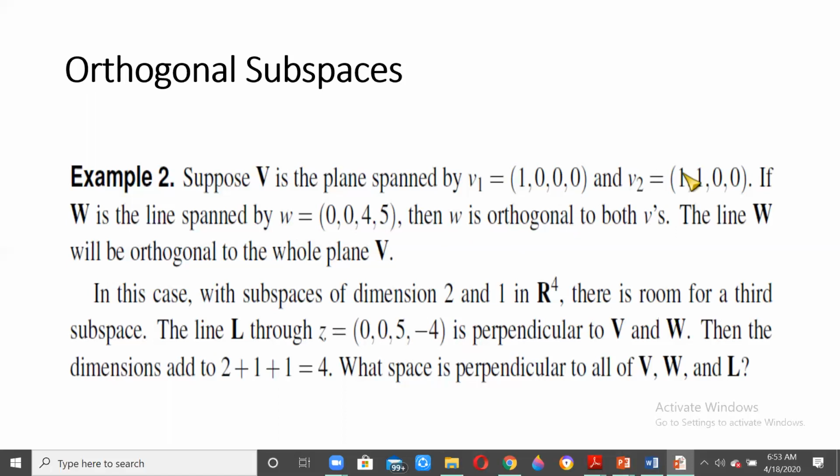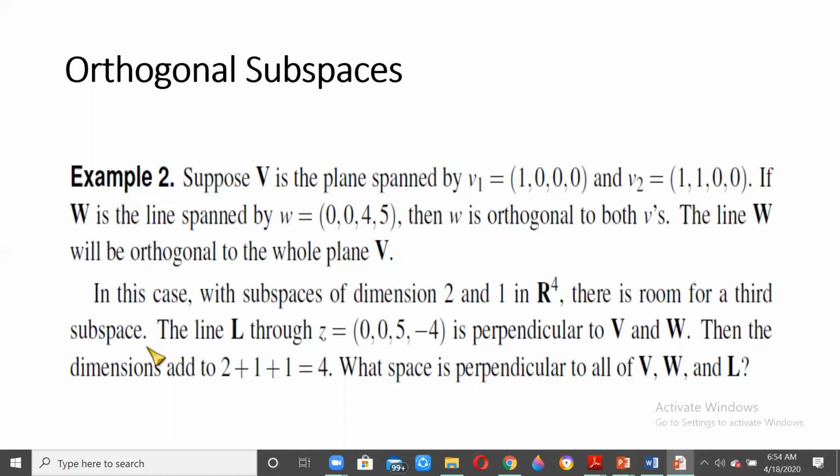Similarly, V2 transpose Z will also be 0, and W transpose Z will also be 0, because 0 into 0 plus 0 into 0 plus 4 into 5 plus 5 into -4 gives 20 minus 20, which is 0.